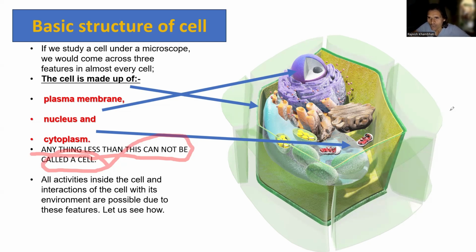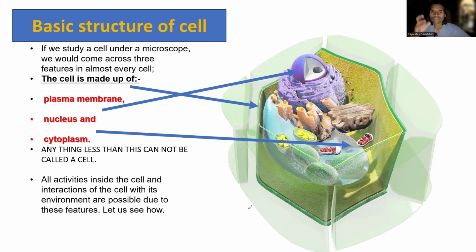There are few exceptions, like RBC of the human, it does not contain a nucleus. Similarly, xylem and phloem cells, there are a few cells that do not have a nucleus.